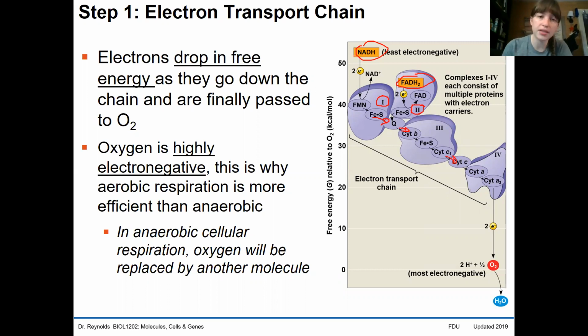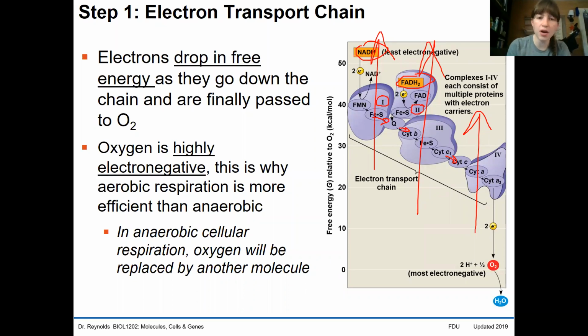Each time that these electrons are donated to a new complex, they're going to drop in free energy because some of that energy is being utilized to pump a proton. So it's important to recognize that there's work being done, the pumping of protons by these complexes, and that work is utilizing the free energy.